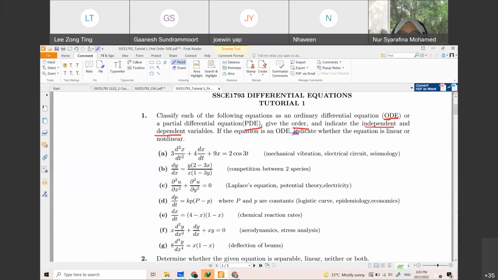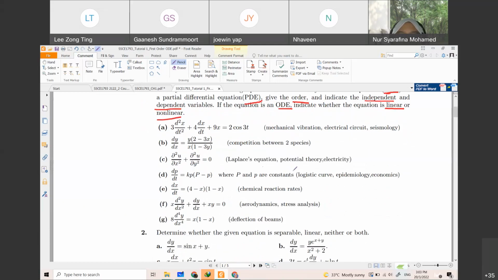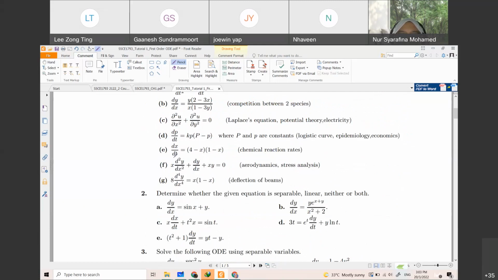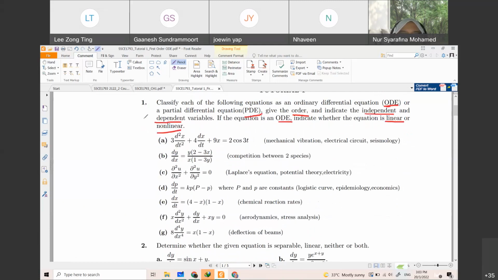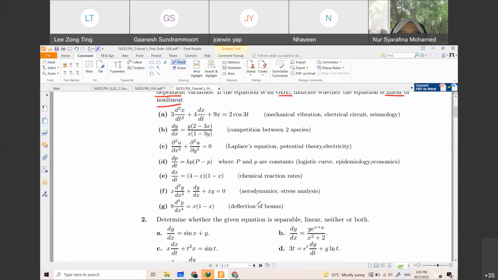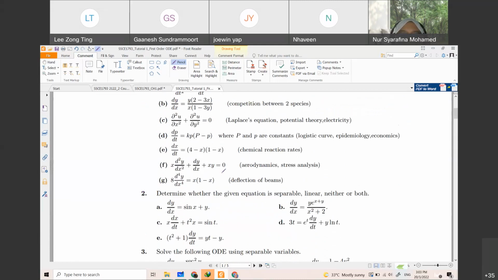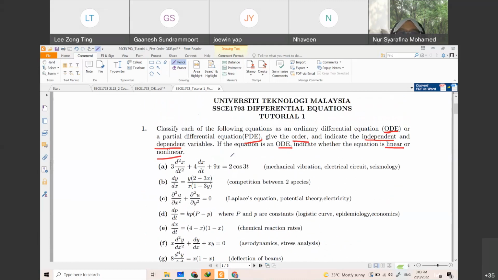If it is an ODE, indicate whether it is linear or non-linear. You can start with the first tutorial, 1A to 1G. The second one is the next topic.